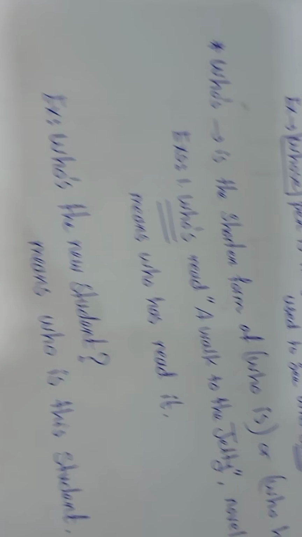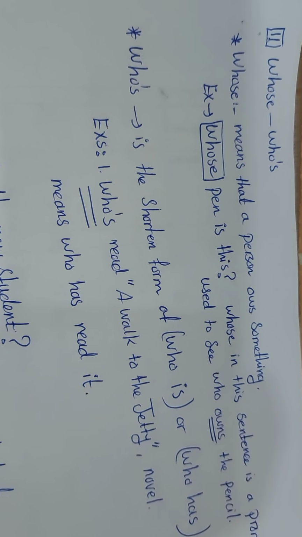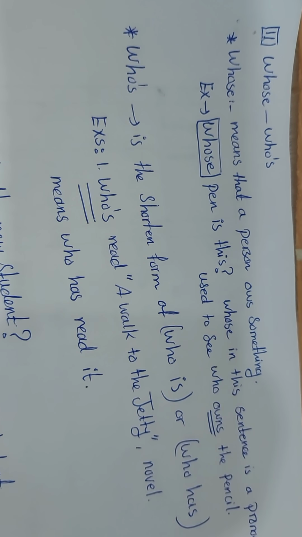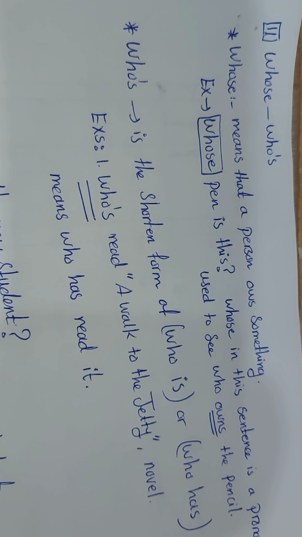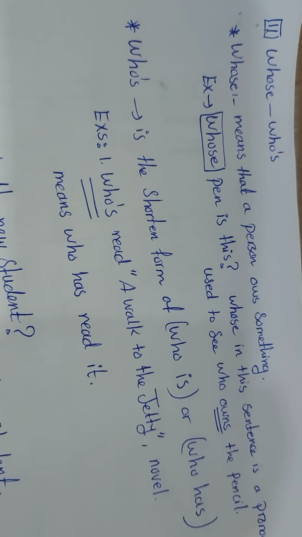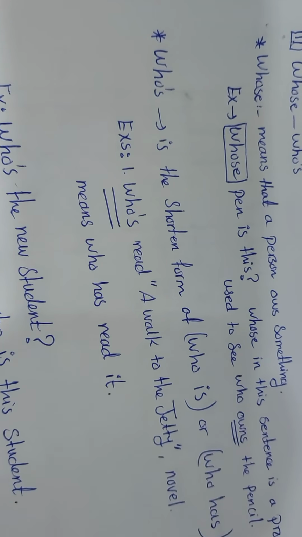Number 11, we're going to talk about the difference between whose and who's. Whose, the first one, means that a person owns something. Whose pen is this? Which means, who owns this pen? Who owns this car? Who owns this mobile phone?